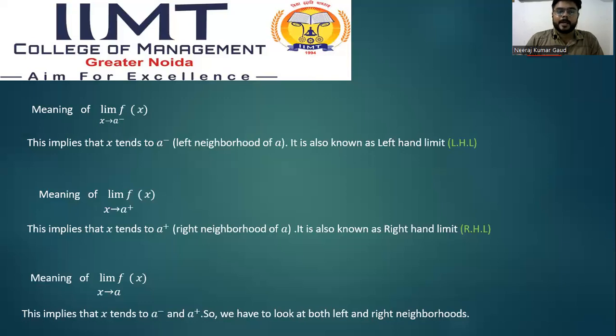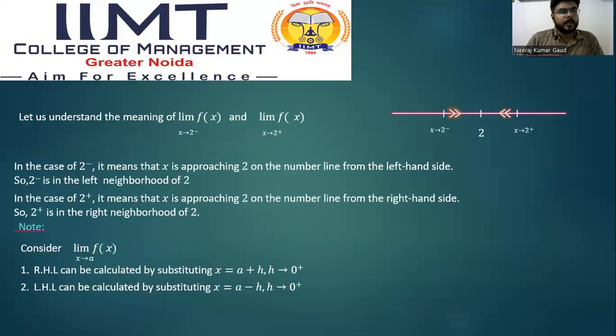Meaning of limit x tends to a f(x): this implies that x tends to a negative and a positive, so we have to look at both left and right neighborhoods. Let us understand the meaning of limit x tends to 2 negative f(x) and limit x tends to 2 positive f(x).